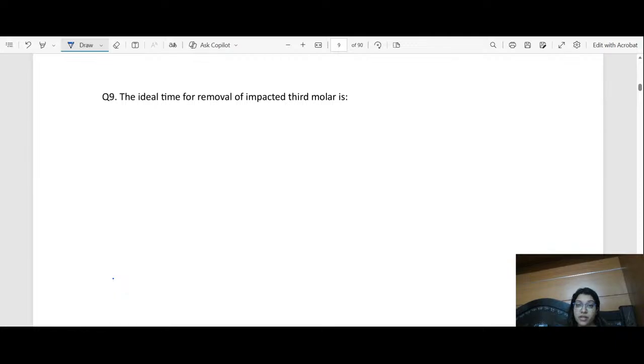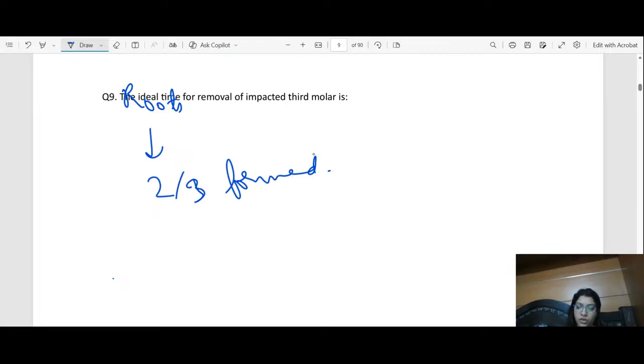Next question is the ideal time for the removal of maxillary or impacted third molar. So the ideal time is when the roots are 1/3 to 2/3 formed, which generally corresponds to the middle to the teenage years.